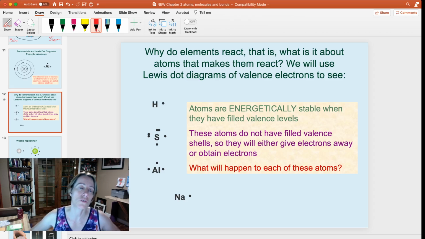So they can do one of 2 things to get a full shell. They can either try and scavenge up electrons from someplace else to fill in the gaps, or they also have another option. So if you think about sodium here, it's got 1 valence electron, but back in behind that, there's other shells, right? There's 2 in the first shell, 8 in the second shell, and then 1 in the third shell. And here we're just seeing the third shell.